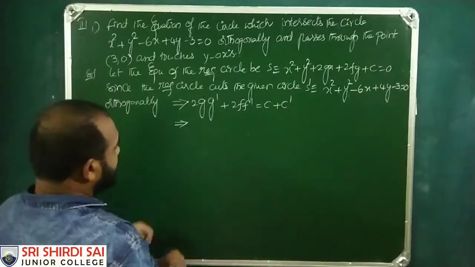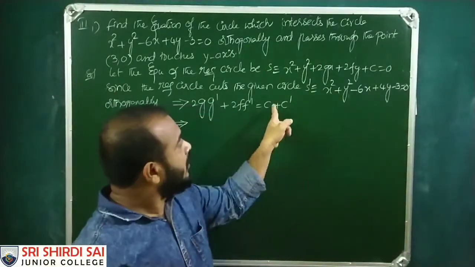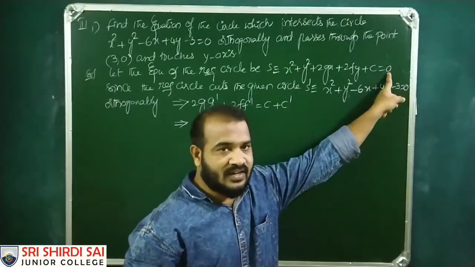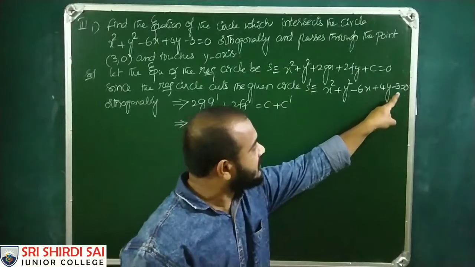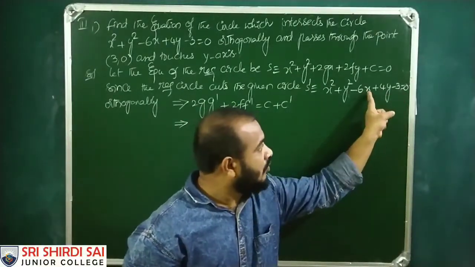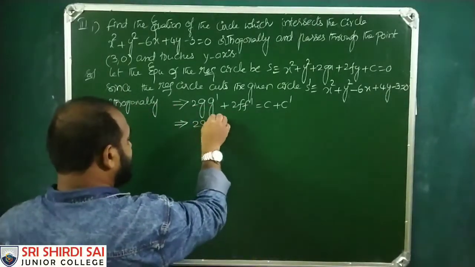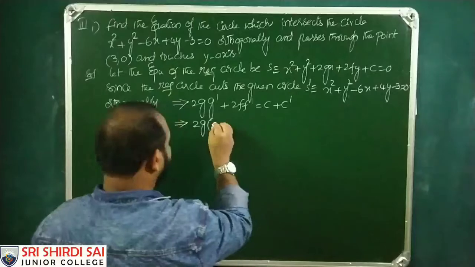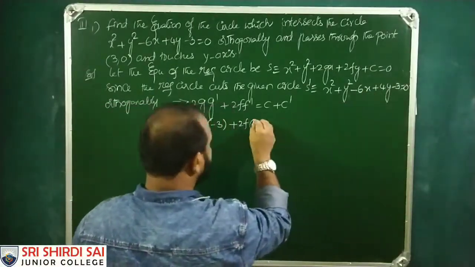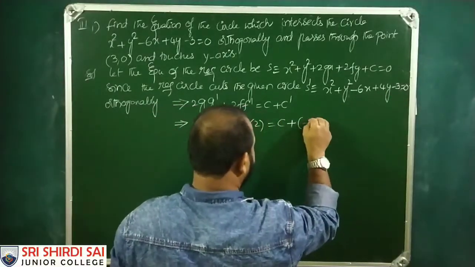Here g, f, c are the letters of the required circle, and g dash, f dash, c dash are the letters of the given circle. So 2g into g dash, which is minus 3, plus 2f into f dash, which is 2, equals c plus c dash, which is minus 3.